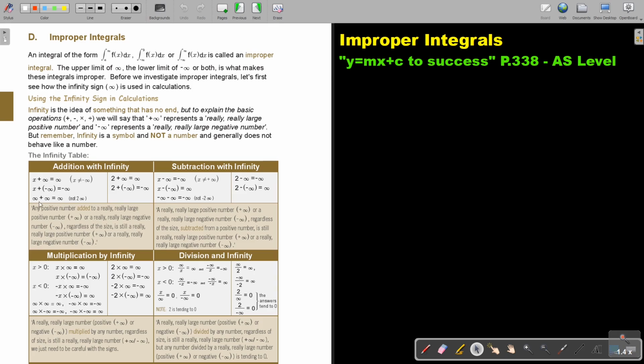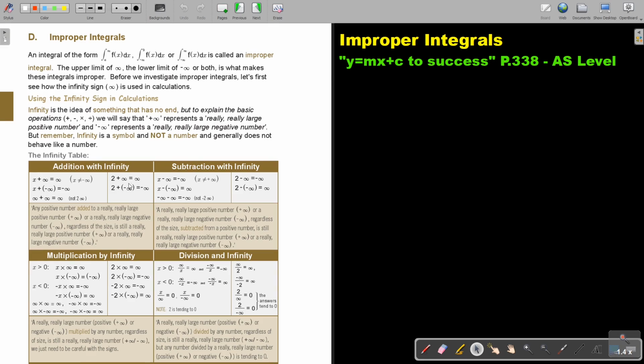It's not like x plus x, which is 2x. No, it stays infinity, just one infinity, if you want to say it like that. So any number added to a really, really large positive or negative number, regardless of the sign, is still a really, really large positive or negative number. So it's just staying that.